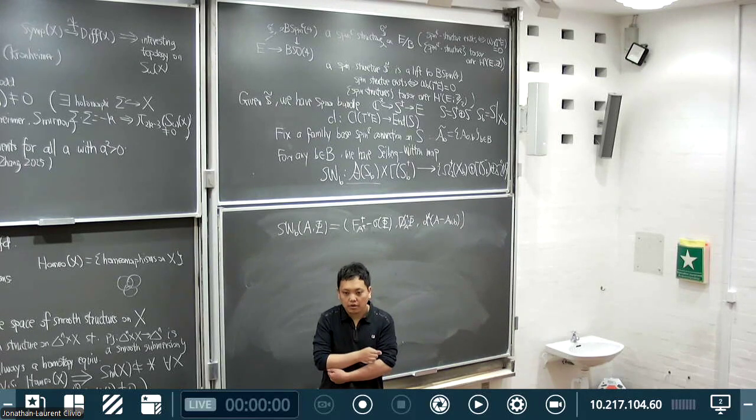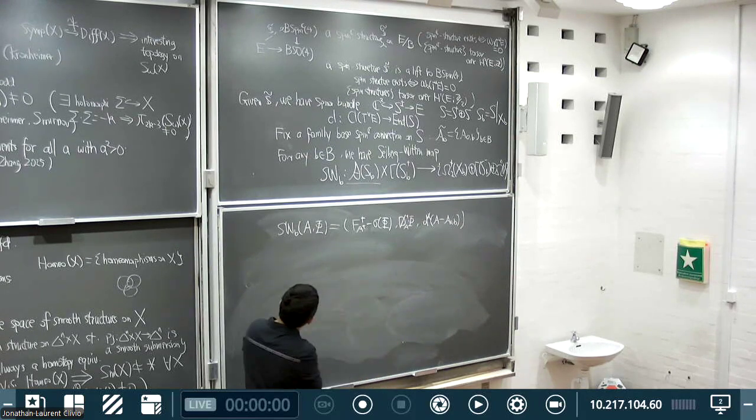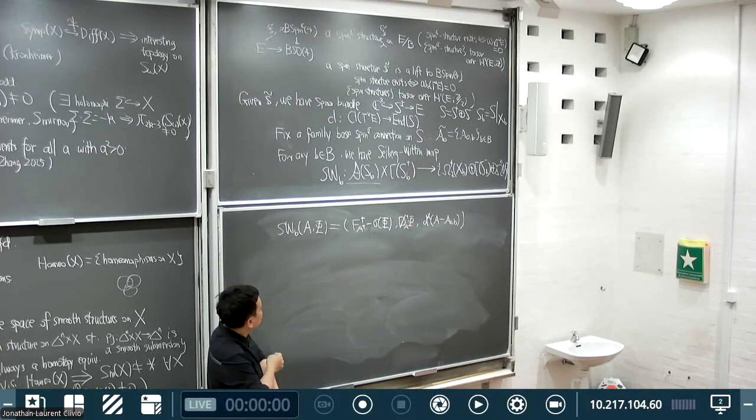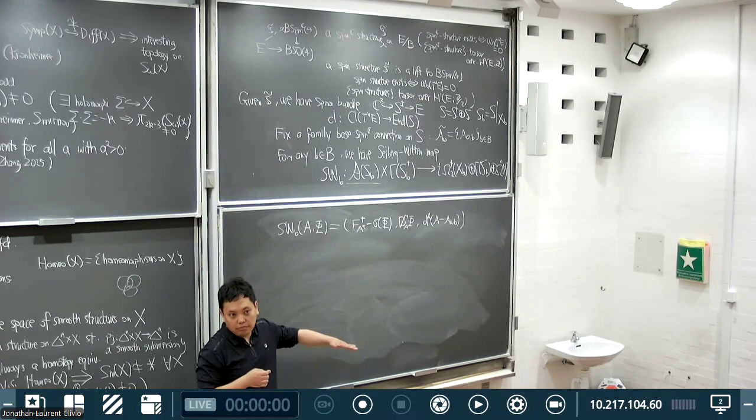It's a collection of connections over each fiber, or you want to forget some information, right? In the tangential directions. I mean, it's along the base. Yeah. Okay. But we don't worry about those. It doesn't matter.